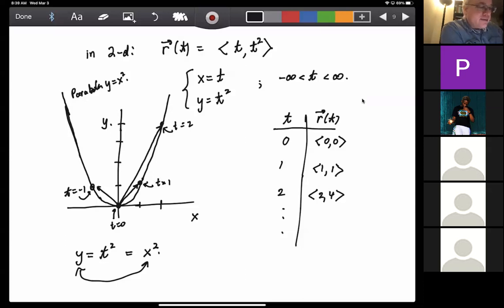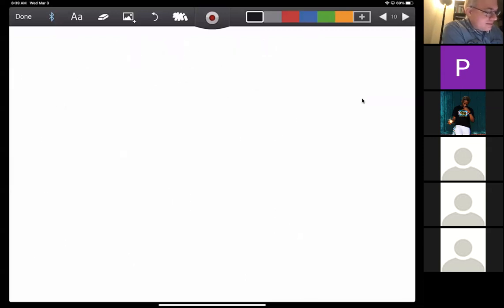Okay. So one of the few curves that you can actually sort of understand in 3-dimensional space is a helix.